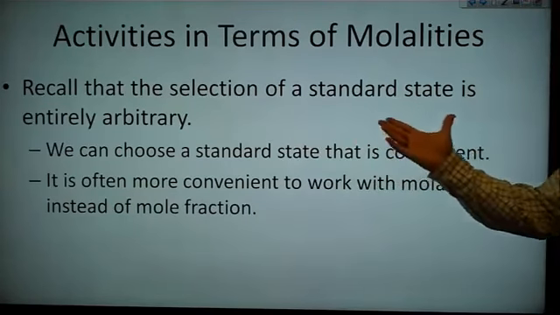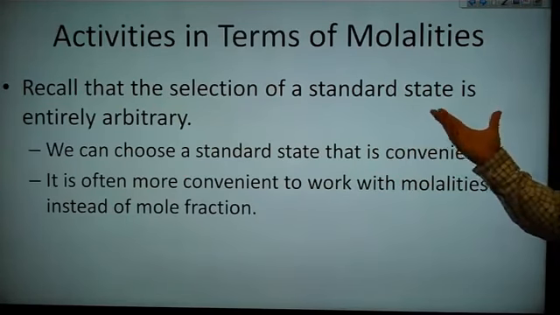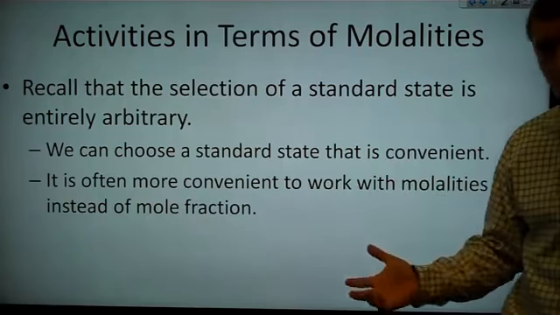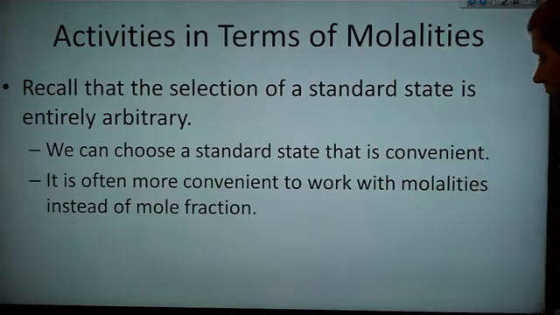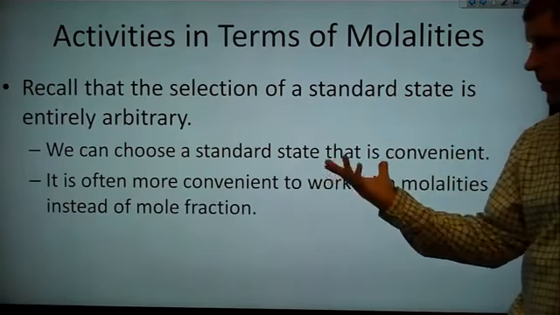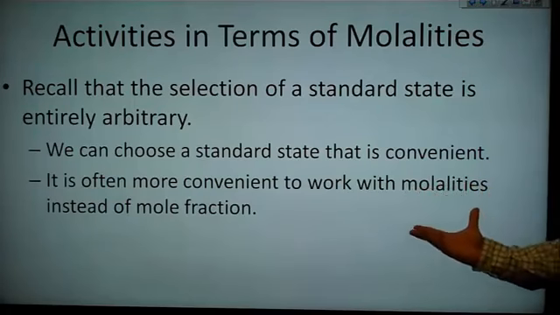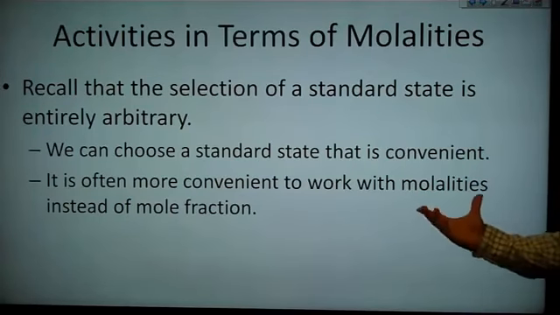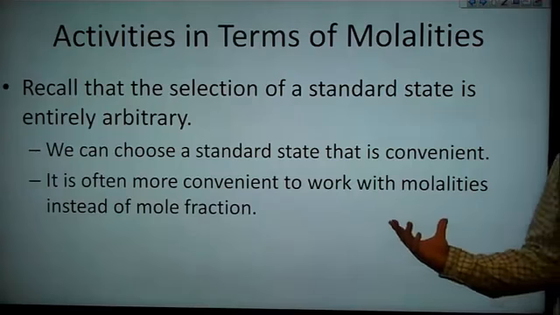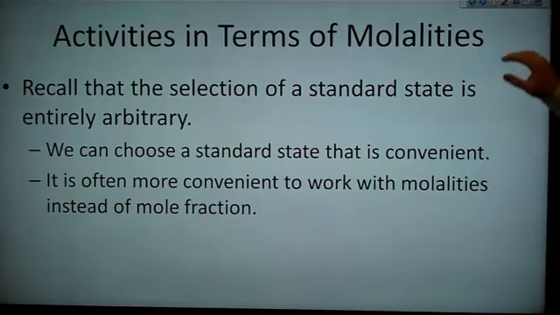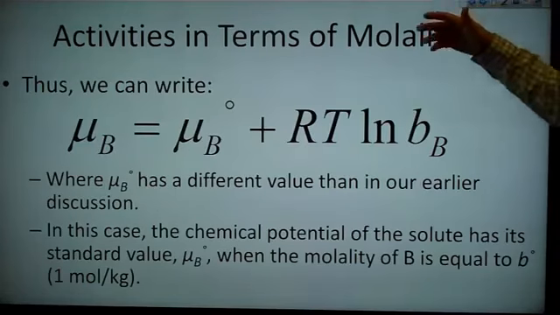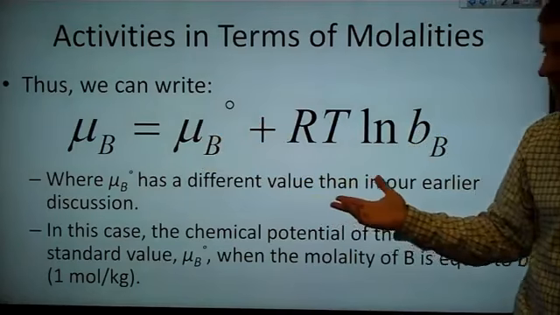Alright, so remember that our selection of a standard state is entirely arbitrary. We could choose whichever value we want, and so we choose a standard state that's convenient, usually. And a lot of times it's more convenient to work with molalities instead of mole fraction. And this means that now we can change our chemical potential term.